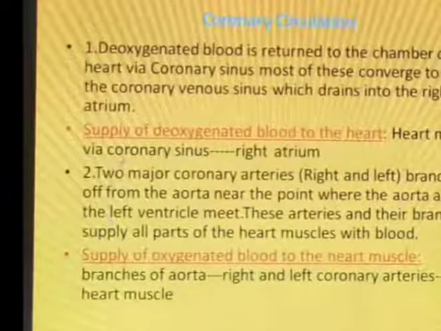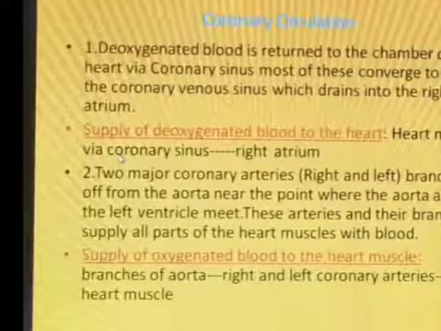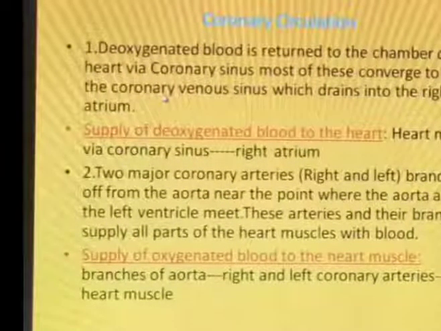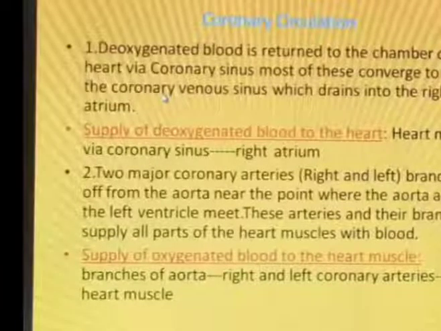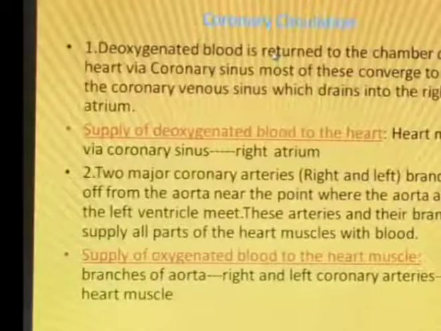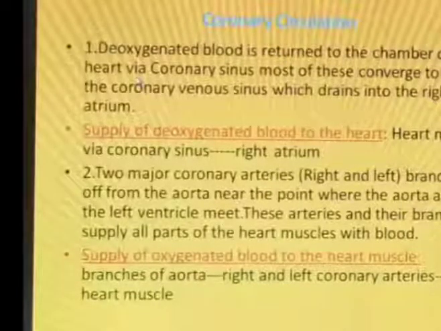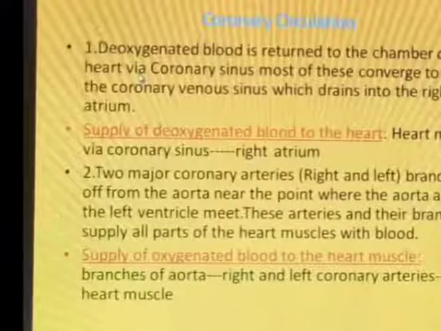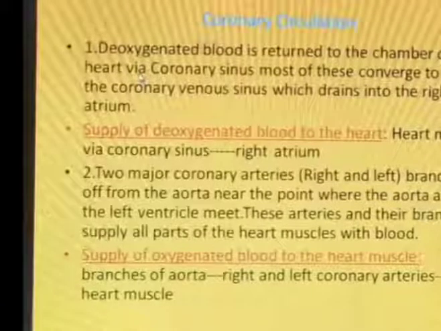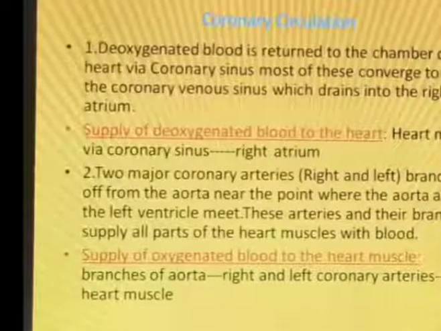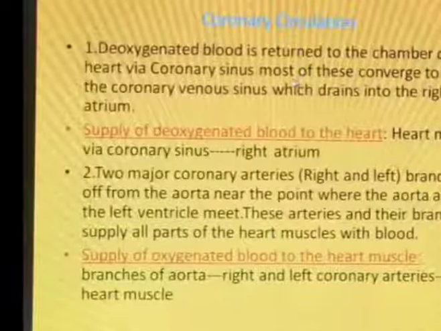So, finally, let me discuss coronary circulation. Deoxygenated blood is returned to the chambers of the heart. That is, which chamber? To the right auricle via the coronary sinus.